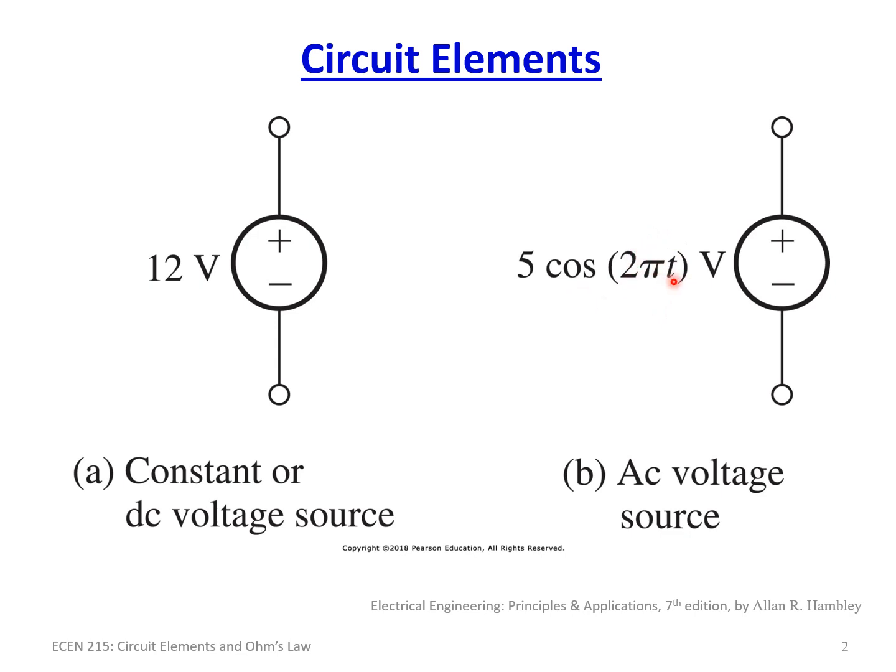As time goes from 0 to infinity, the cosine changes, and you end up with an alternating signal with a magnitude of plus or minus 5 volts, because the cosine term is going to be plus or minus 1.